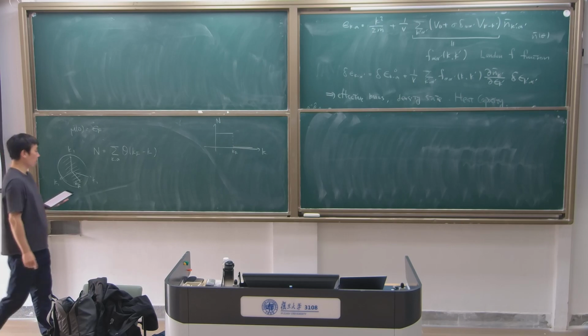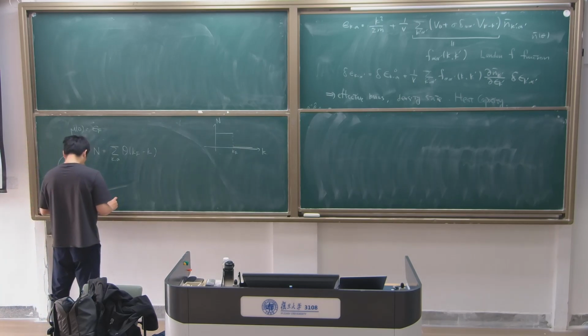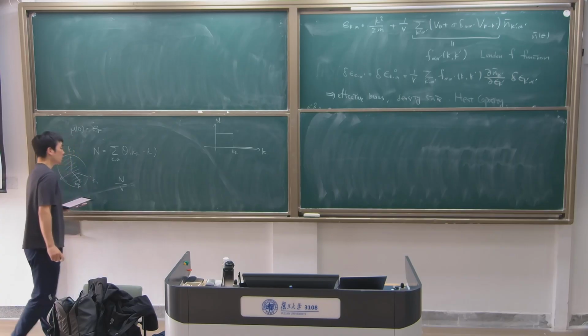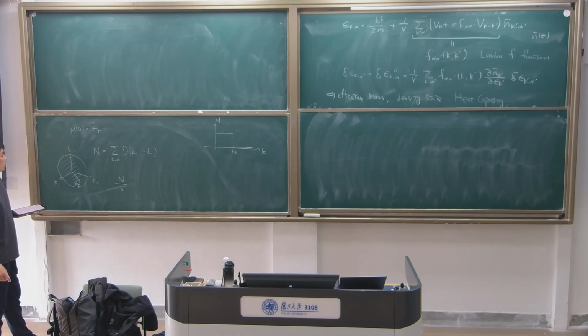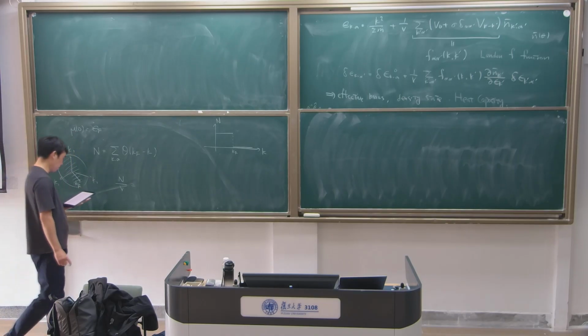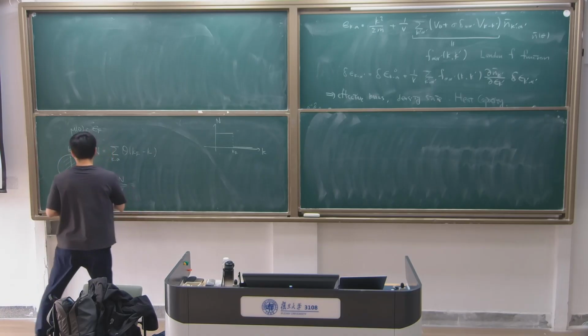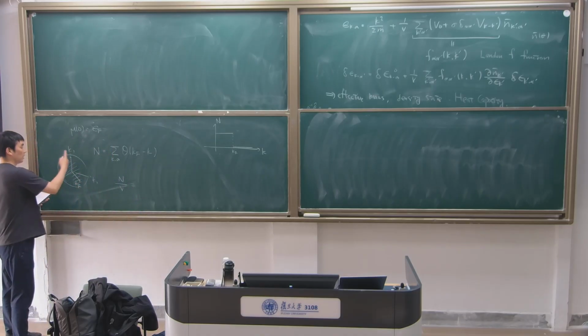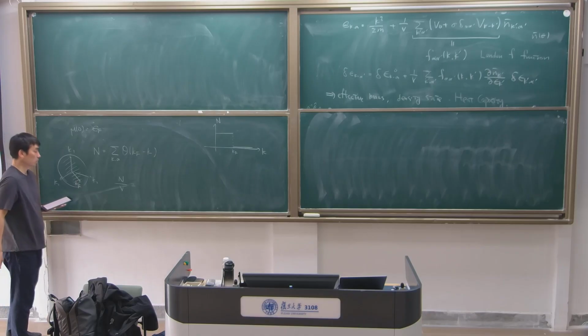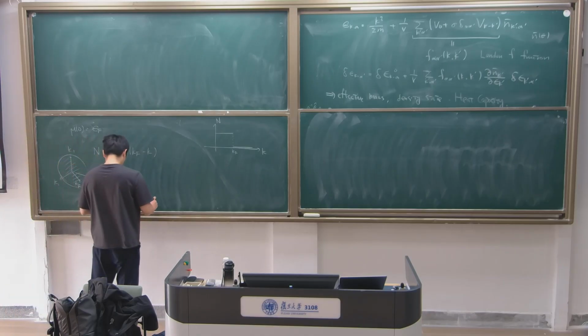And this k_F can be obtained from the number divided by the volume. So the density is just given by the normal state filling situation.